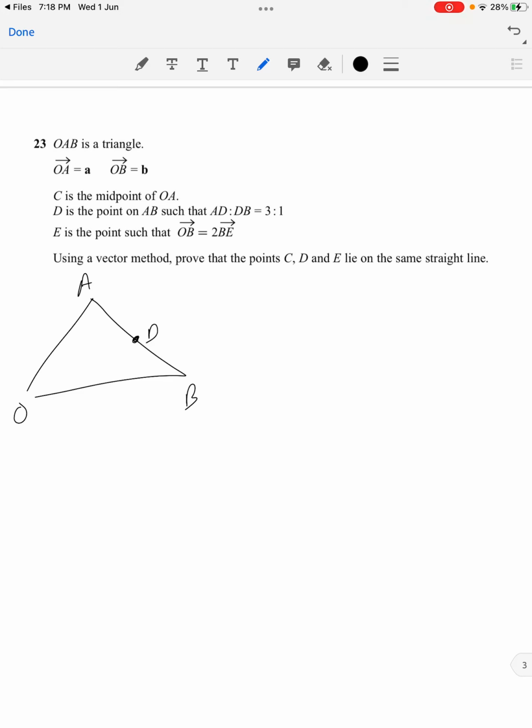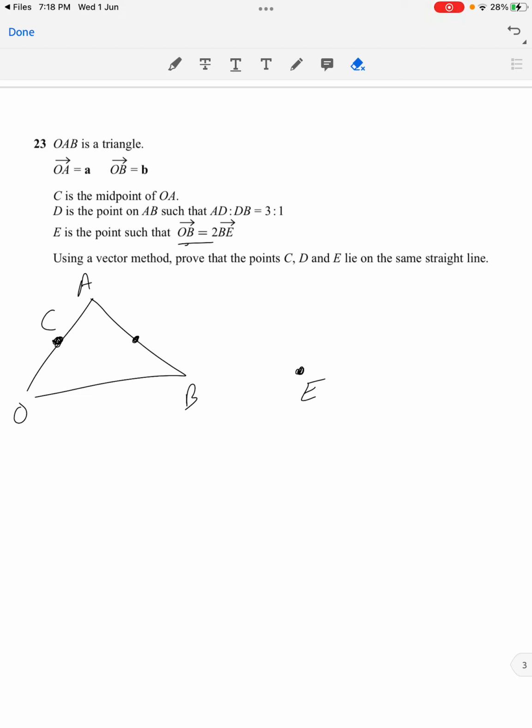So this is D, this is C. This is just a rough idea of where C might lie, okay? And we know that E is a point such that OB is equal to 2BE. So this point E is going to be somewhere here.